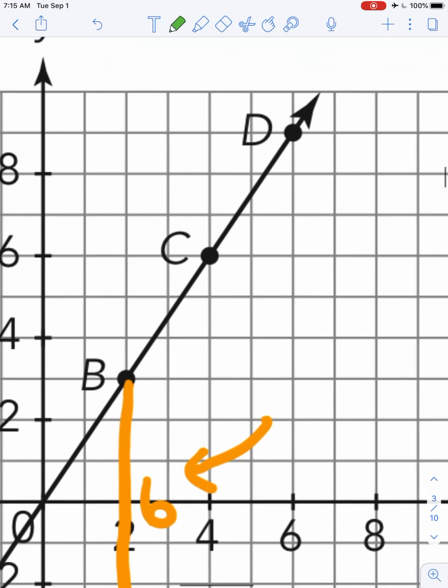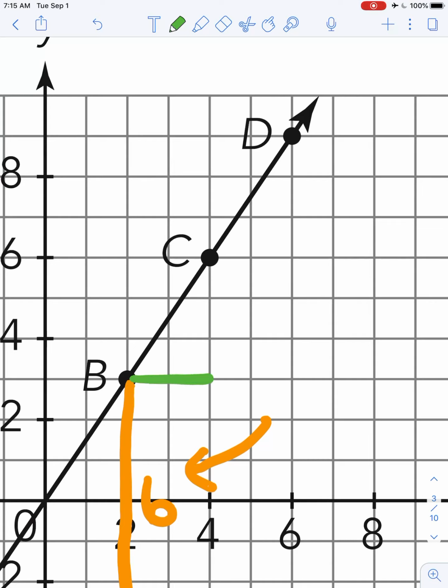So I'm going to come here and I'm going to do B and C, and I make my right triangle just like I had in the past. So how far up does this go? Up 1, up 2, up 3. So that goes up 3.